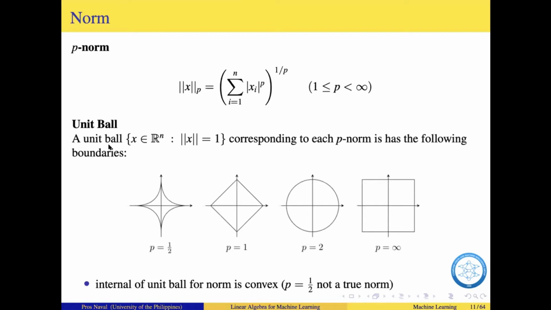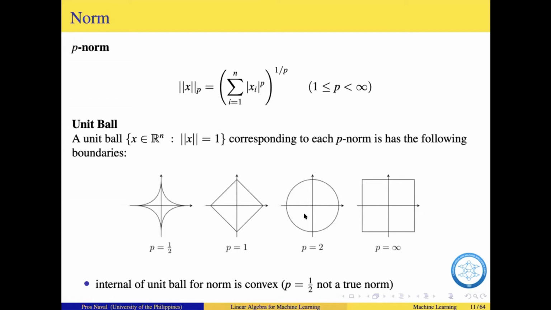The unit ball is the set of all x in Rn such that the norm of x is 1. And the boundaries of the unit balls for some P norms are shown here. The L1 unit ball is diamond shaped in 2 dimensions.